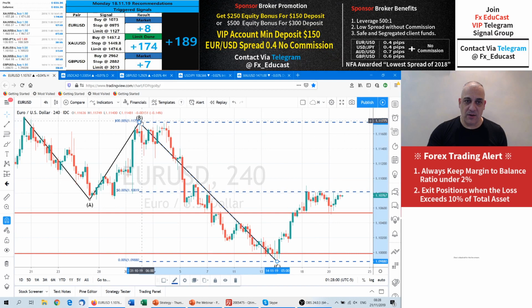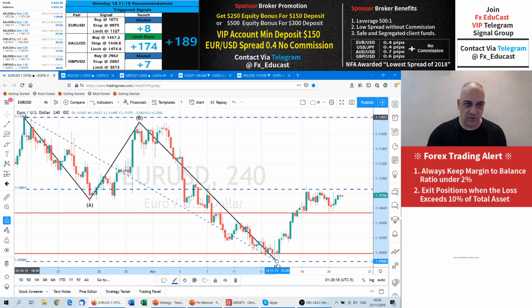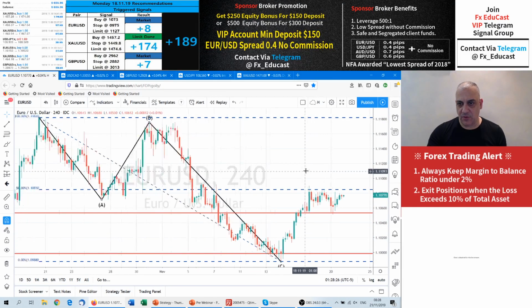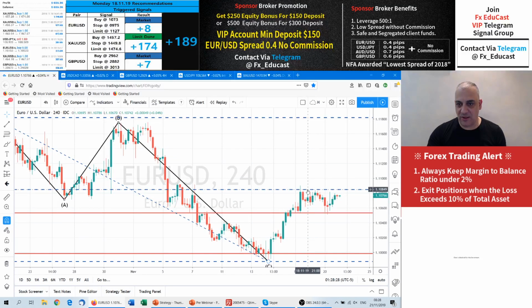After this C wave is terminated, a new move to the upside is now expected, and it started moving in the right direction until we bumped into the 50% retracement level. If you calculate it for this whole move, it is at 86. We have been saying that 86 is the retracement that we need to care about here.